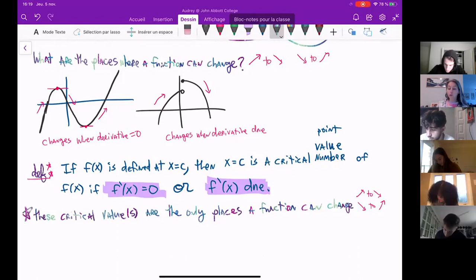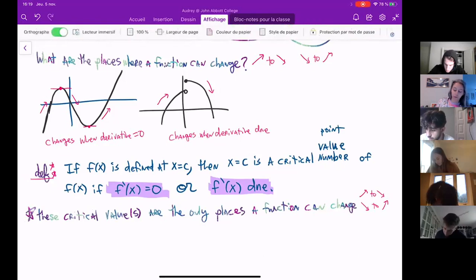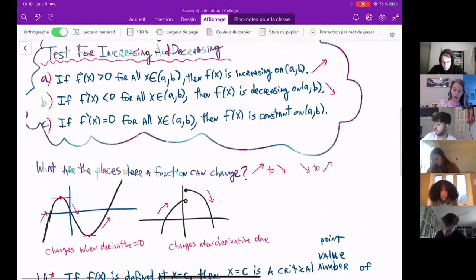And this is super useful because it gives me some guidelines for how I can apply that test for increasing and decreasing.